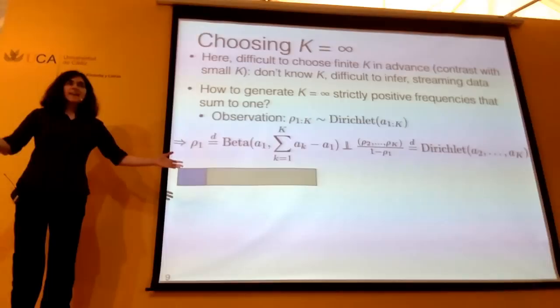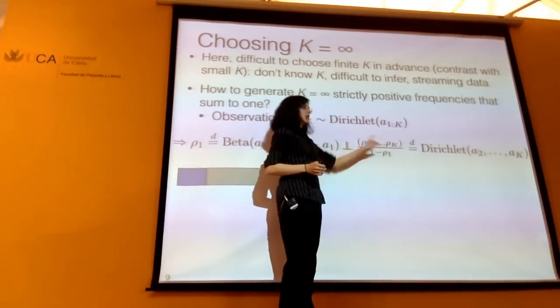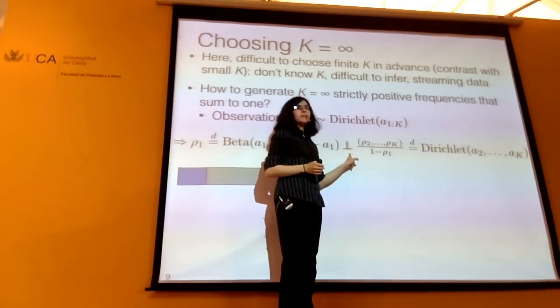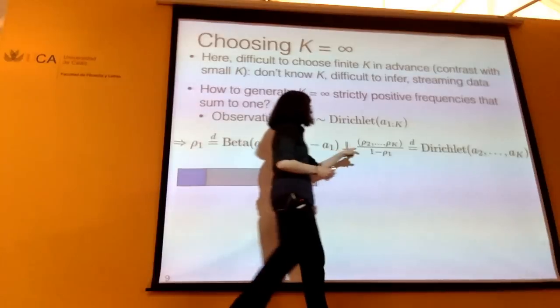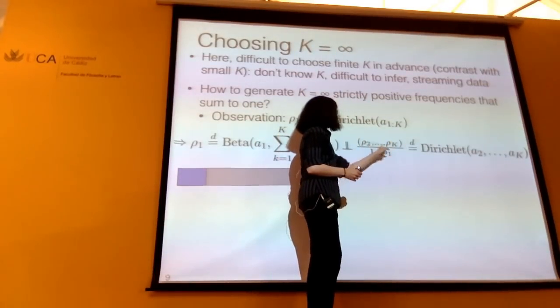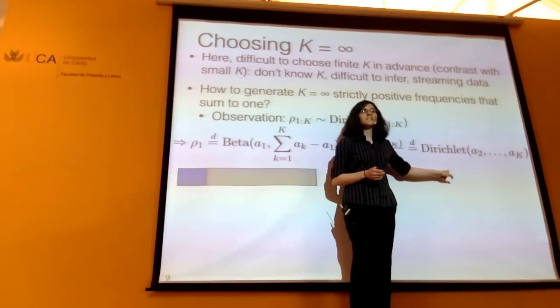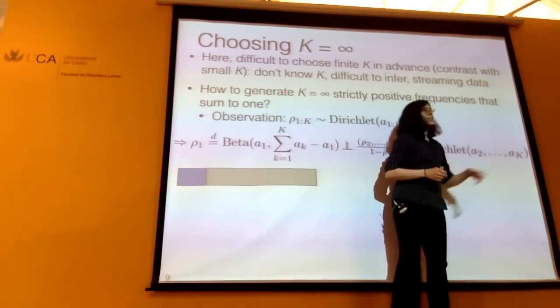In that case, these two quantities are independent of each other. They're independent random variables. We can consider that another exercise, and in fact, when I do that, this remaining set of quantities, rho 2 to rho k, normalized, is Dirichlet distributed itself with parameters a2 to ak. That is magical.